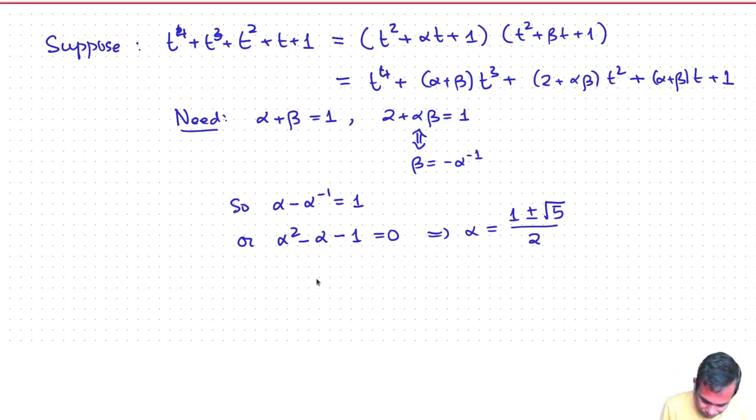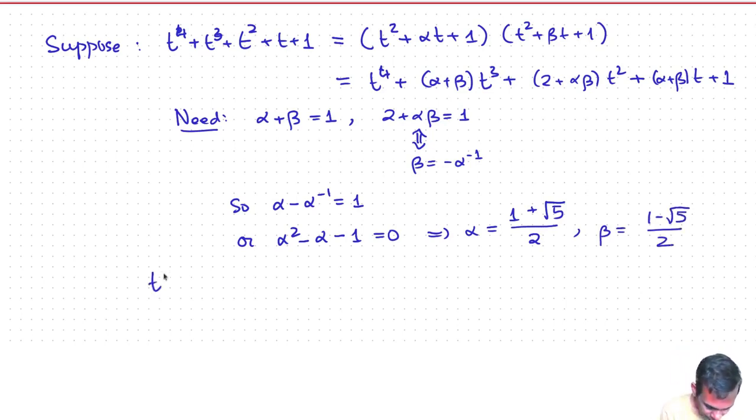And so maybe we can take alpha to be (1 plus square root 5) over 2, and we can take beta to be (1 minus square root 5) over 2, and you'll find that all your conditions are satisfied.